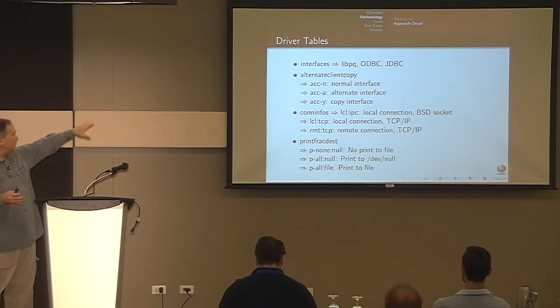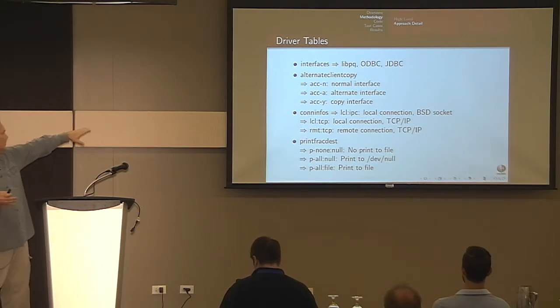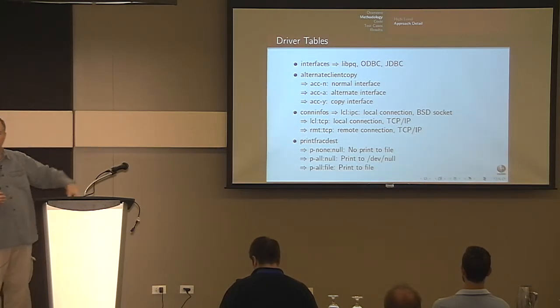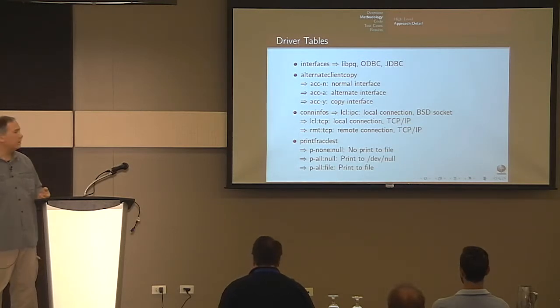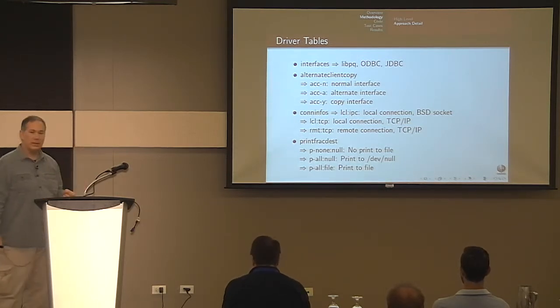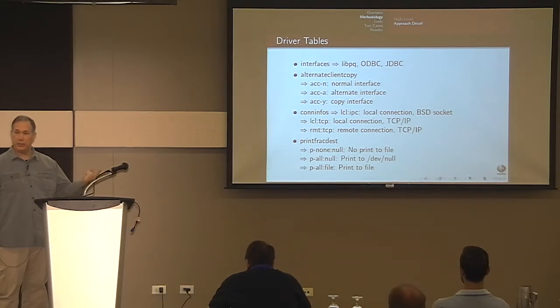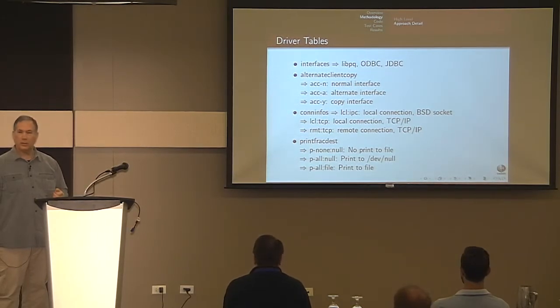ACCN means alternate client copy, normal interface. ACCA means the alternate interface, which really only applies right now to libpq, where that specifically designates the 1 row at a time interface. And then ACCY is the copy interface, which applies to libpq and JDBC. There really was no direct copy interface in ODBC.